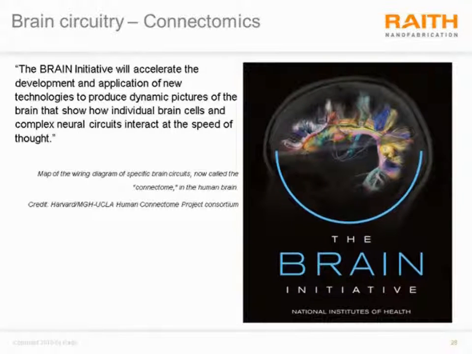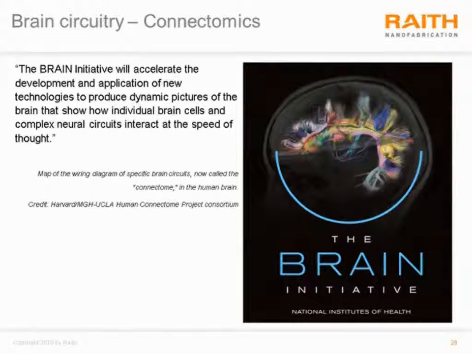In 2013, the United States launched a $12 billion BRAIN initiative. And the BRAIN initiative is to accelerate the development of technologies that will ultimately show how brain cells and complex neural circuits work. The idea is to map the wiring diagram of neuronal circuits in the brain.